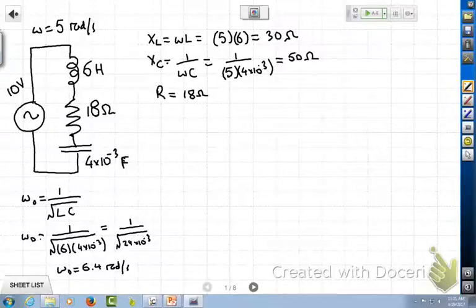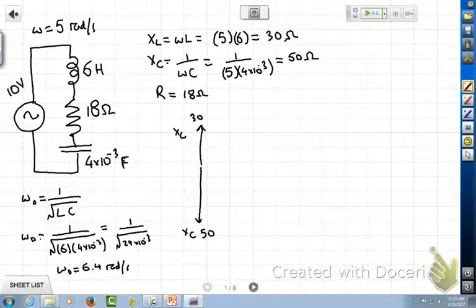My second skill: XL is going to be 30, XC is going to be 50, and R is going to be 18. Now, can you see that when I add these together, I'm going to end up with that as my answer?